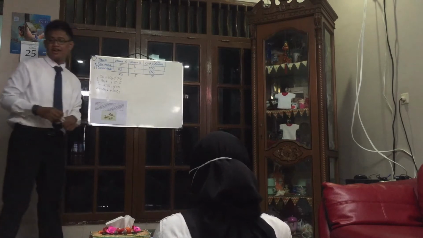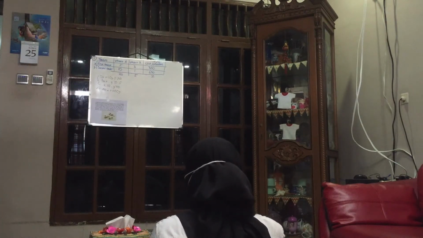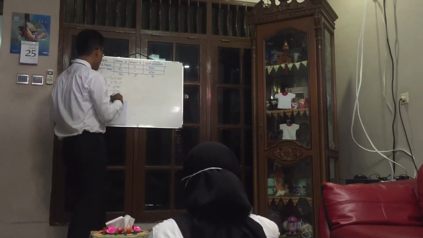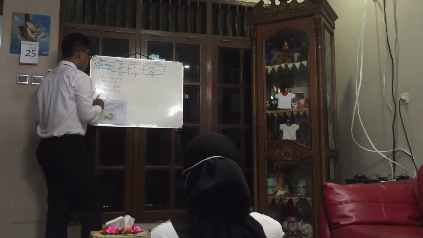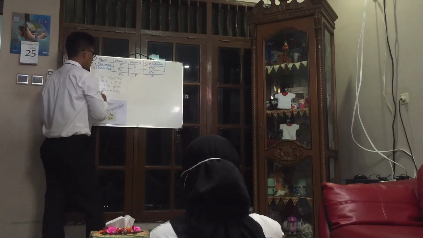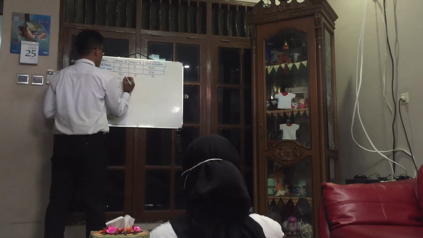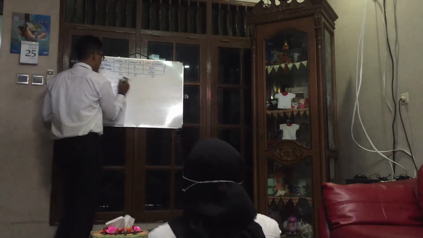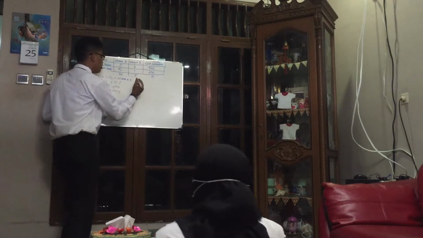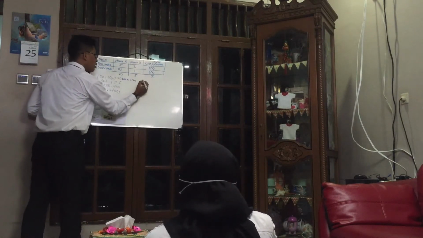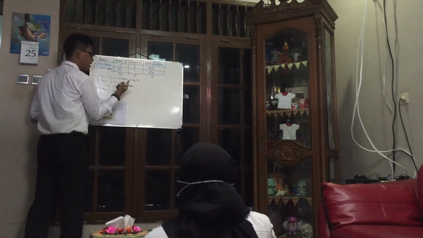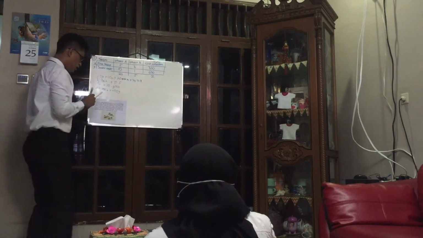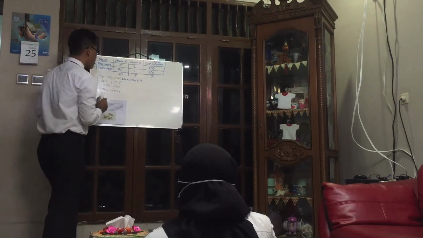To draw a graph, I will take my ruler. Before that, for the first constraint, we can divide it by 5. 5 divided by 5 equals 1, so x plus 10 divided by 5 equals 2, so 2y more than or equal to 20 divided by 5, which is 4. Okay, good. So we go to the intersection points.